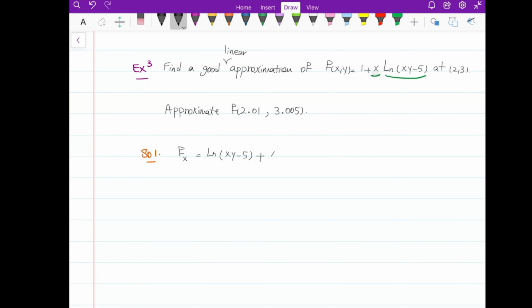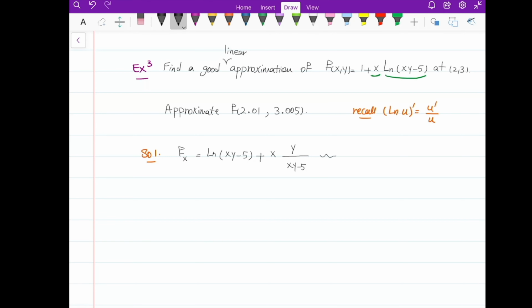So I'm going to write x and I'm going to take the derivative of ln. Let me give you a recall: the derivative of ln of any function u would be u prime over u. So now I have a fraction, the denominator would be the inside function, and the derivative of the top with respect to x would be just y.